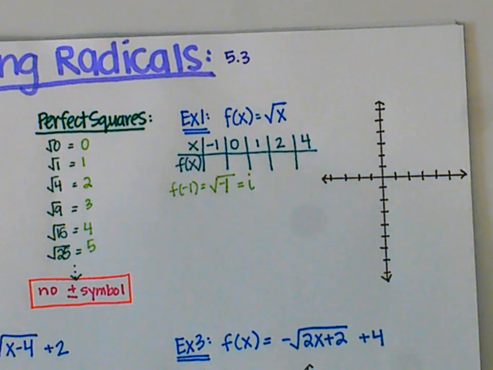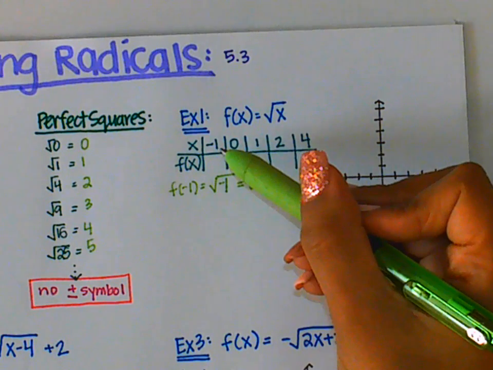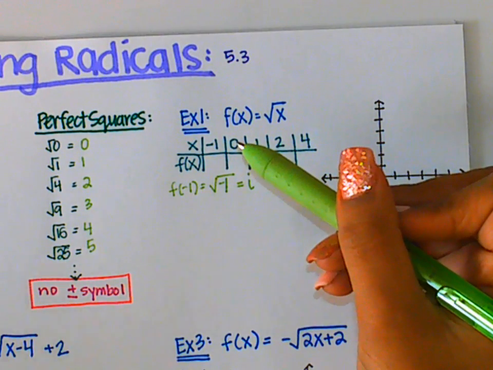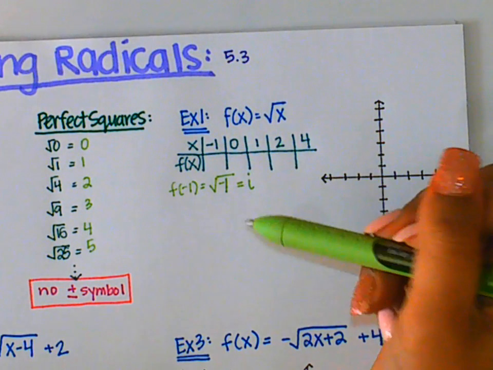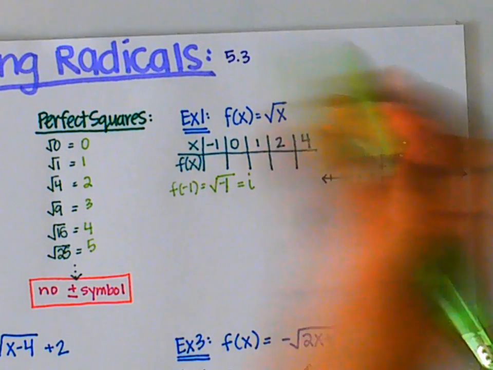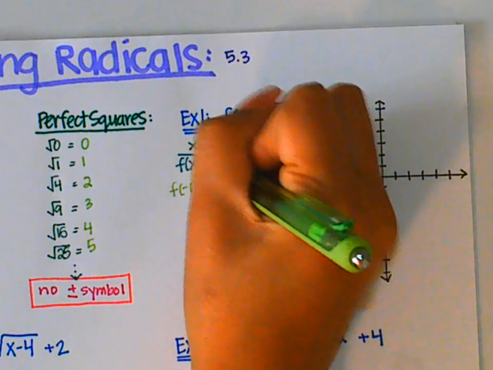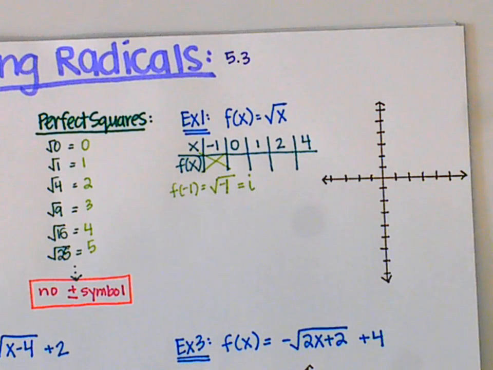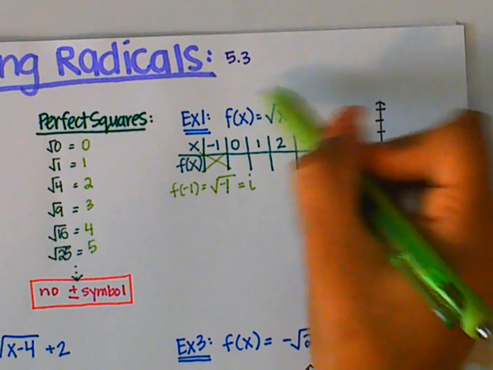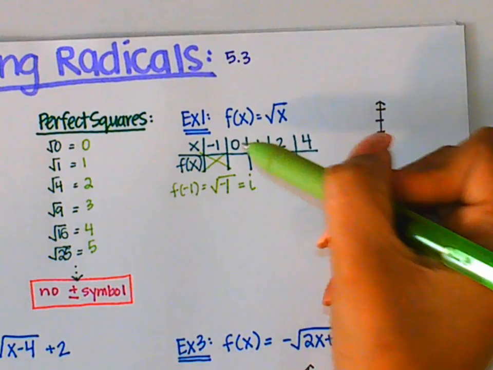And if something is imaginary, that means it's not real. So we can't actually graph -1 because it's not part of our graph. It's not part of our equation. It makes a false statement, something that is not real. So I'm just going to go ahead and cross out that box because there's no part of my graph where x is -1.